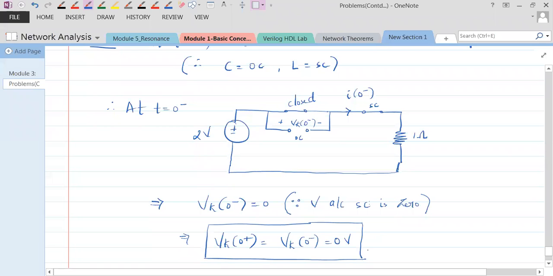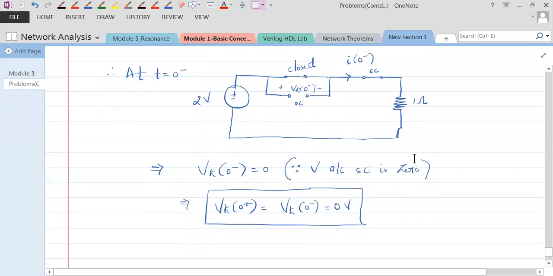Fine. Next what? We need to find out I of 0 minus. So apply KVL. KVL implies minus 2 plus I of 0 minus into 1 equal to 0.